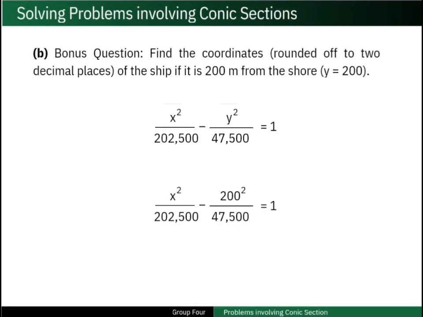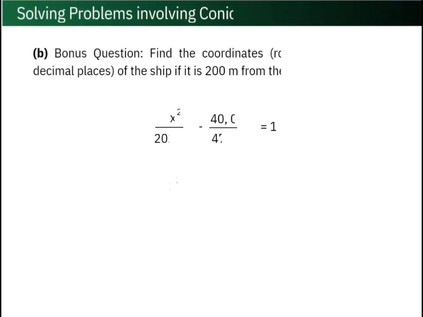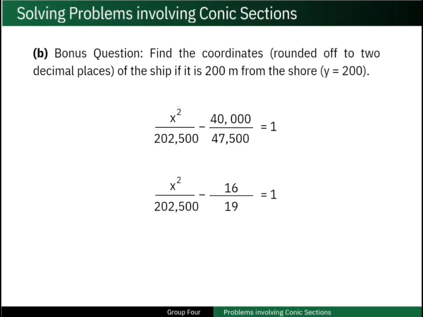For the bonus question, find the coordinates of the ship if it's 200 meters from the shore. Using y equals 200, we then solve x squared over 202,500 minus 200 squared over 47,500 equals 1. Simplifying 200 squared will then get us 40,000.